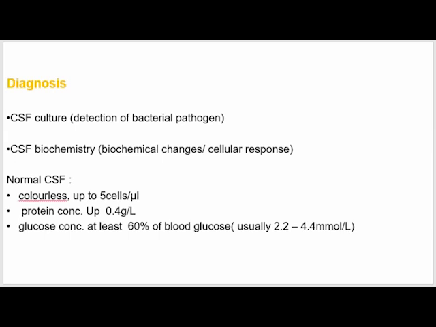Then protein concentration is up to 0.4 grams. Glucose is 60% of blood glucose. Okay, so usually it's between 2.2 to 4.4 millimoles, of blood glucose in the body. Okay.